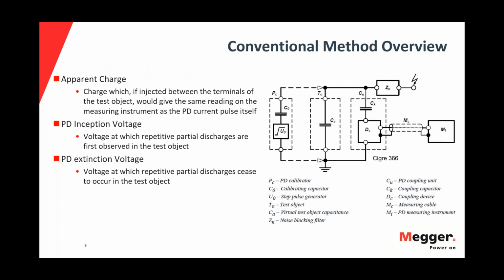Let us discuss, we mentioned when it comes to PD measurement, there are two methods for PD measurement: conventional method and unconventional method.